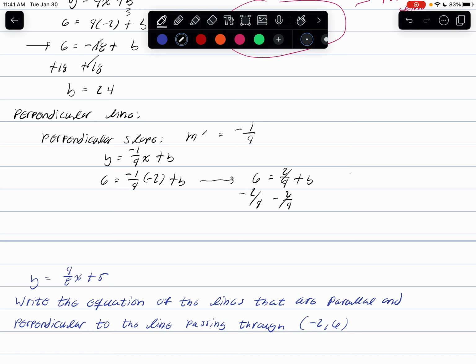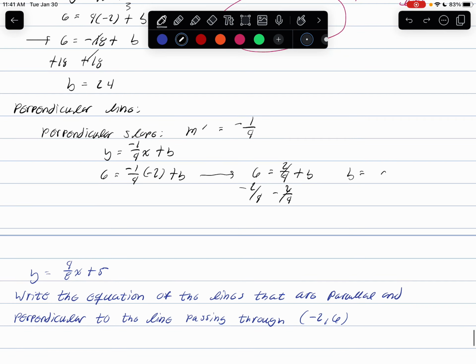And that's going to give us b is equal to 6 minus 2 over 9. Now we can write 6 so that it has a denominator of 9. We do that by multiplying it by 9 over 9.